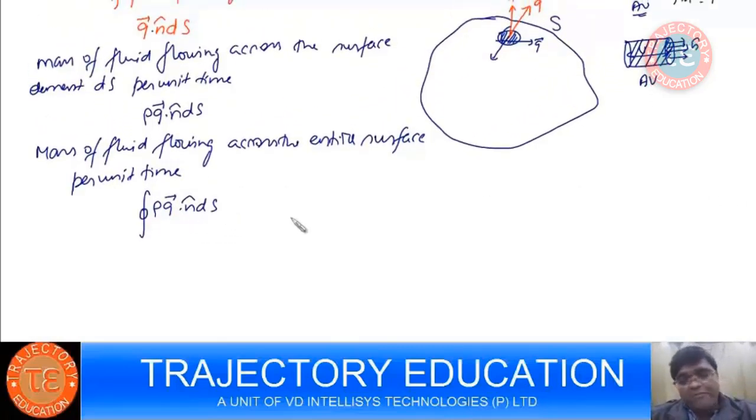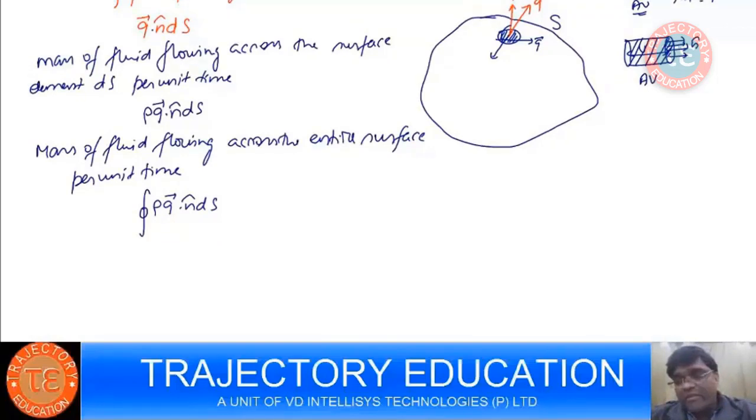This is the mass of the entire fluid flowing across the surface per unit time.